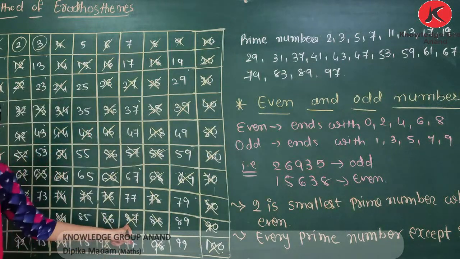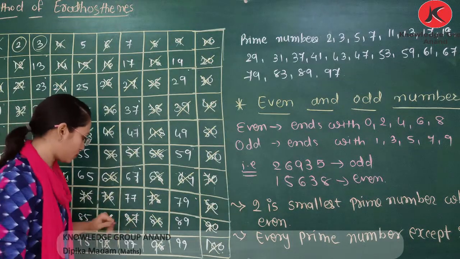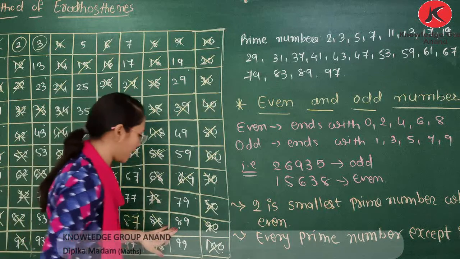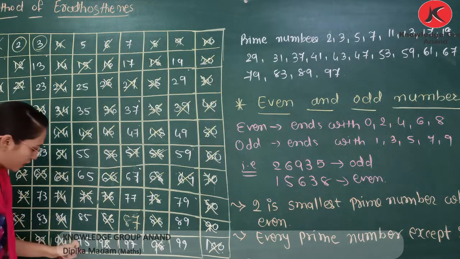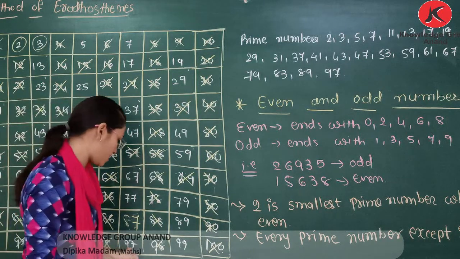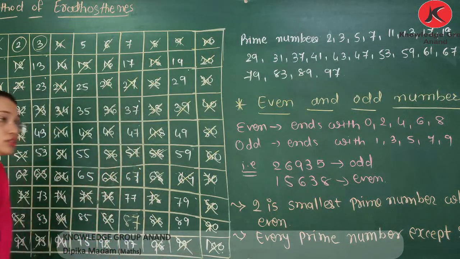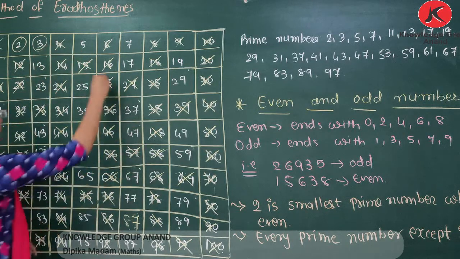If you divide 87 by 3, you will get 29. 89 is also not there. 91, it is not divisible by 3. 93, it is divisible by 3. 95, not divisible by 3. 97 is not divisible by 3. 99 is divisible by 3. So cancel.